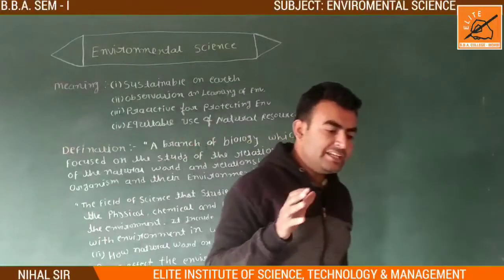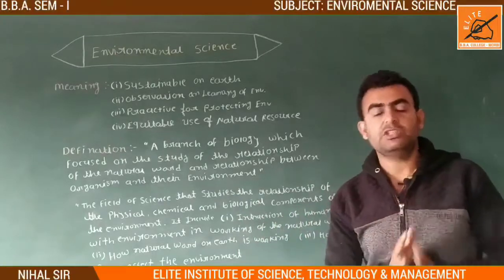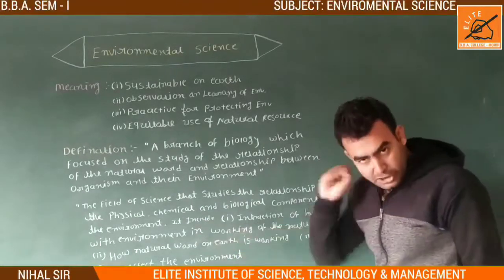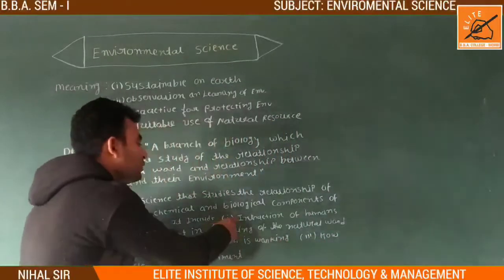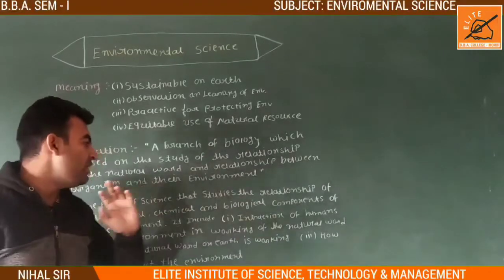Physical, biological and chemical elements are components, and how they interact with our environment is studied by environmental science. It includes the interaction of humans with the environment and the working of the natural world.